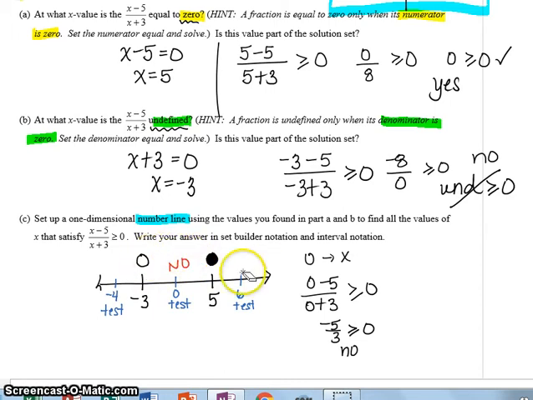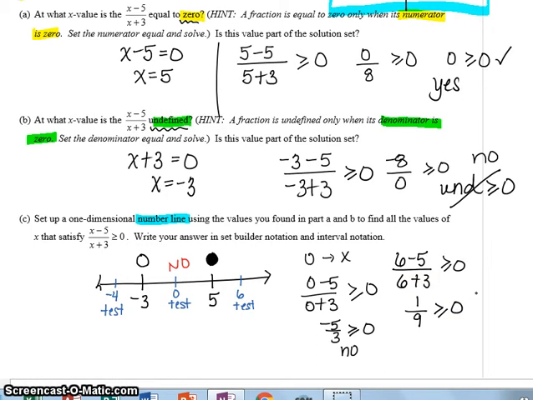Okay? Then I'm going to test 6. So I'm going to try, is 6 minus 5, so I'm testing 6. Is 6 minus 5 all over 6 plus 3 greater than or equal to 0? So I'm going to get 1 over 9. Is 1/9 greater than 0?